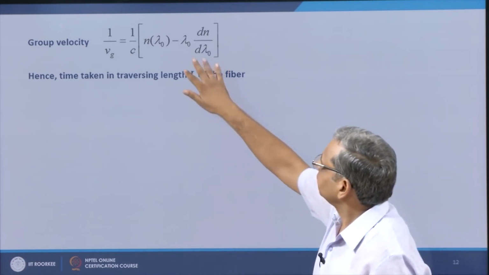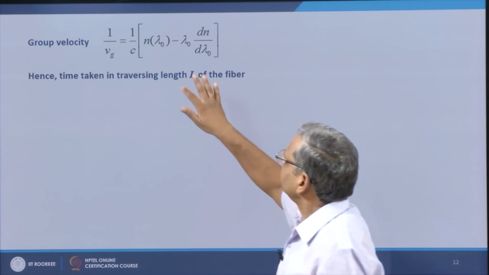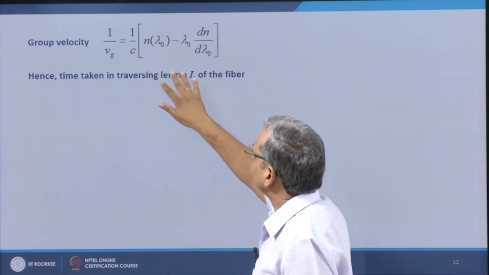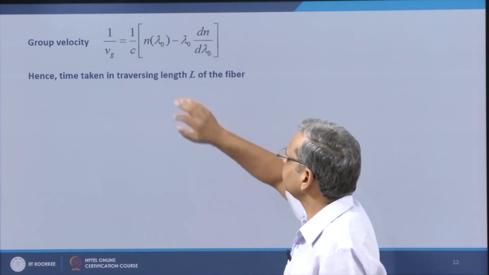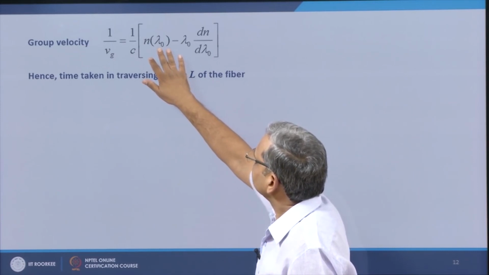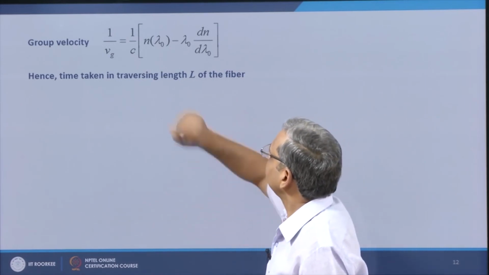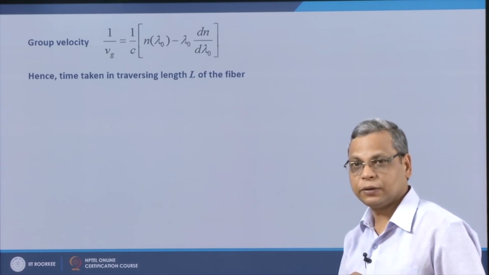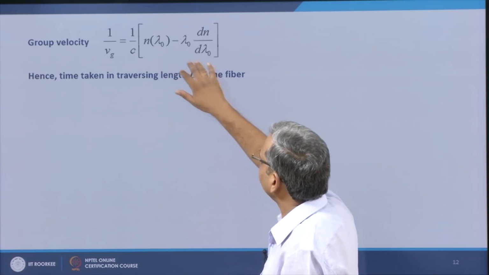From here you might think that the refractive index which is felt by the group of waves has decreased. You can see that the refractive index, going from an individual wave to a group of waves, now changes to n minus lambda naught times dn over d lambda naught. So, the group of waves will feel this refractive index of the medium.